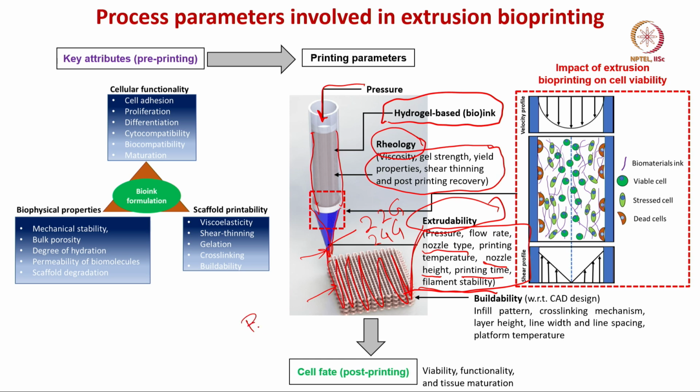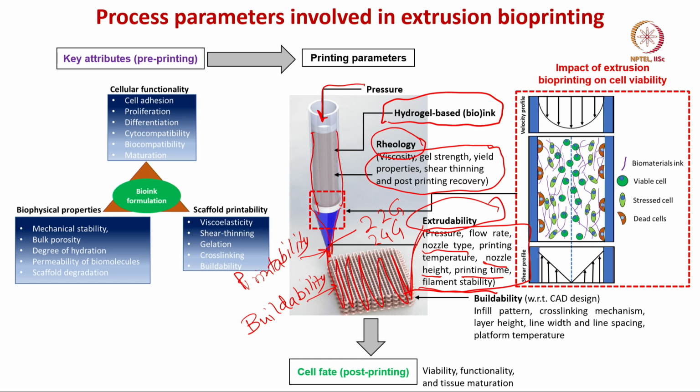Then here comes buildability. Buildability essentially means how many layers of this particular scaffold one can print without any shape distortion.